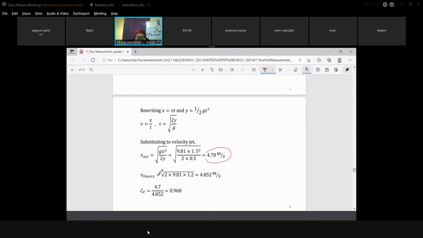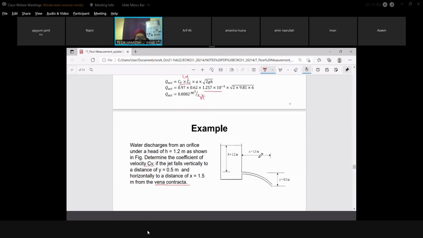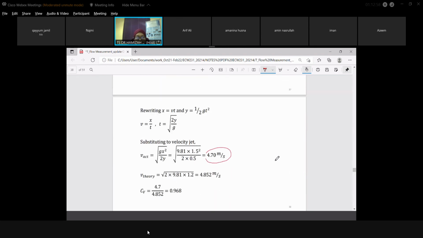For V theory we use square root 2gH, 2 times 9.81 times 1.2. Here 1.2 is the height from the water level in the tank to the opening of the orifice. Now that we have V actual and V theory, you can find the coefficient of velocity, which is V actual divided by V theory.